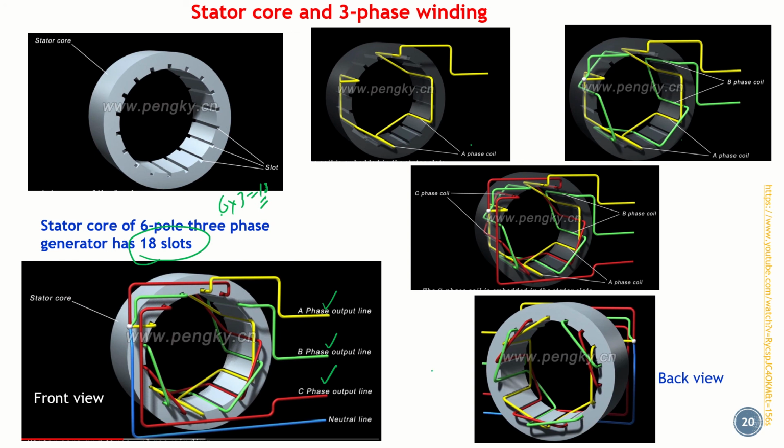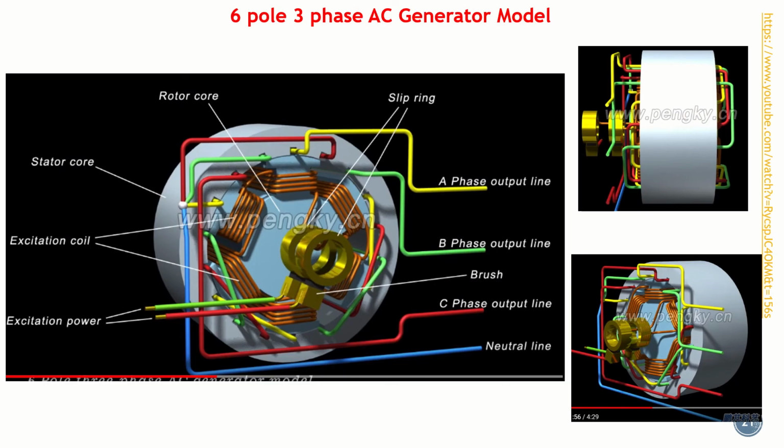This is the front view of the construction and this is the back view. Then we have the rotor, the stator, the slip rings, and the brushes which are attached with the excitation power. These are the different sides for viewing the internal construction. Here we have the shaft inside the rotor that is rotating, and it will induce the voltage here, 3-phase voltages at the stator coils.